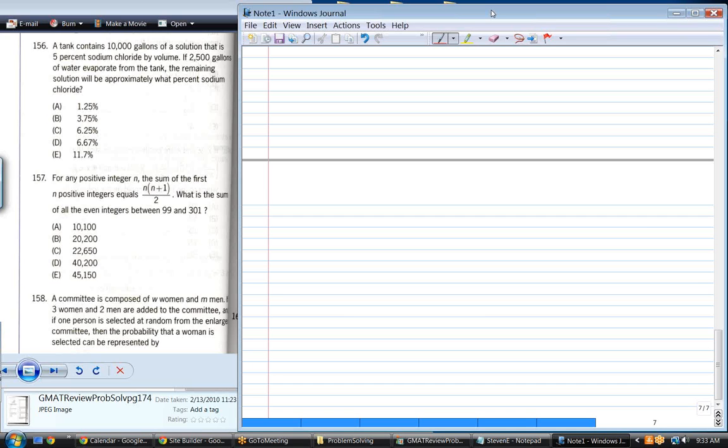You always want to do these kinds of problems like that: figure out how much sodium chloride is in that thing. So what's a quick way to do 5% times 10,000 gallons? I took 10% of 10,000, which is 1,000, so it's 500. That's a nice shortcut. You don't have to worry about decimal points or zeros or anything.